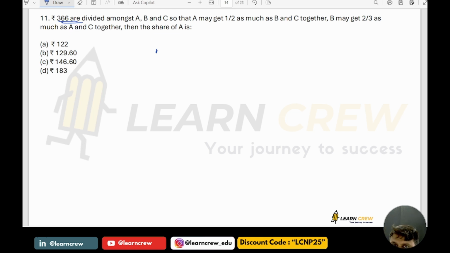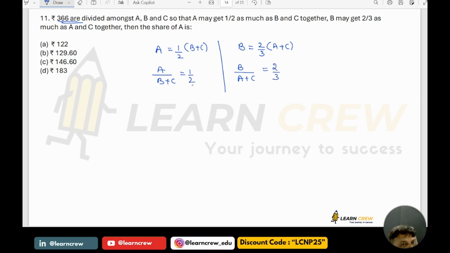It is given that the share of A is half of B and C together, so A divided by B plus C is 1 by 2. Next, B gets 2/3 as much as A and C together, so B by A plus C is 2 by 3.